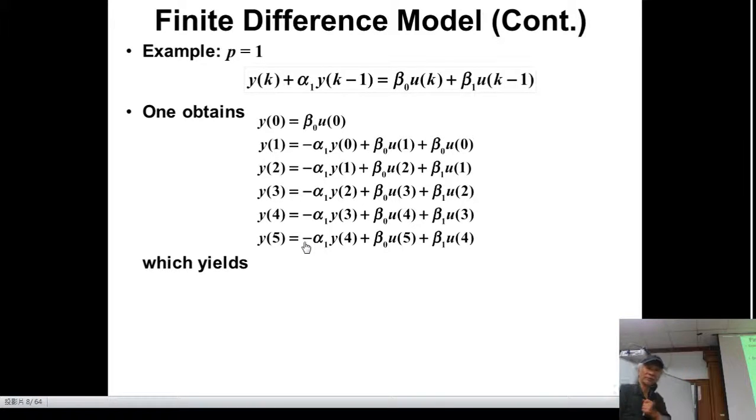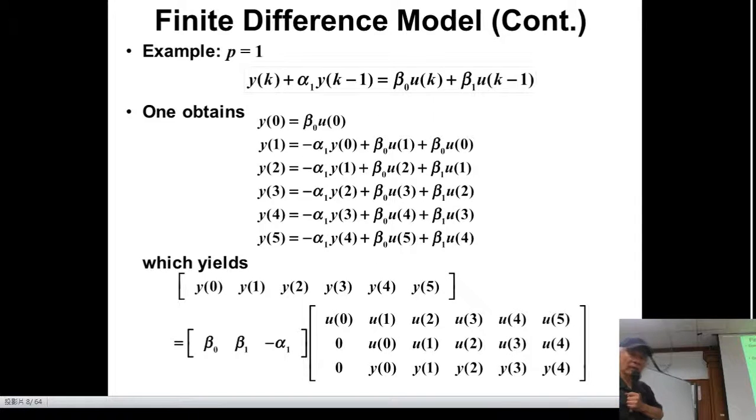If we rearrange this equation of motion, we put y0, y1, y2, y3, y4, y5 into one row. But each y can be a column vector.